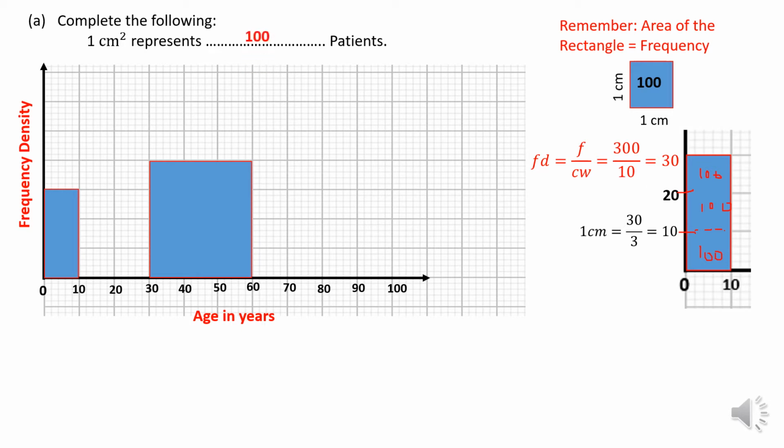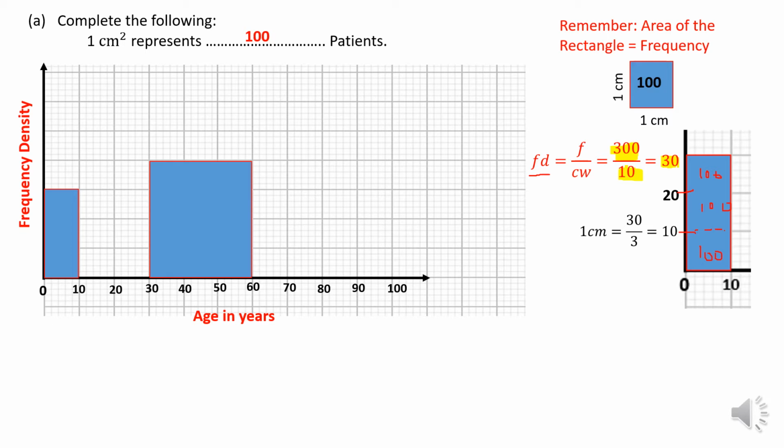Another thing you can do is take the frequency density, so I'll refer you back to your table here. The frequency density is the frequency, which is 300, divided by 10, and once I did that, I know that I have 30.